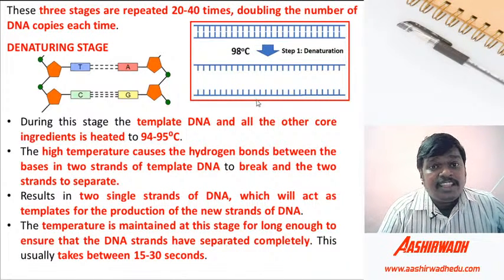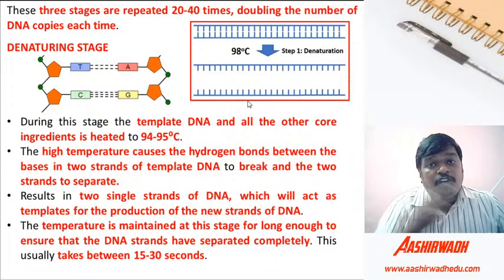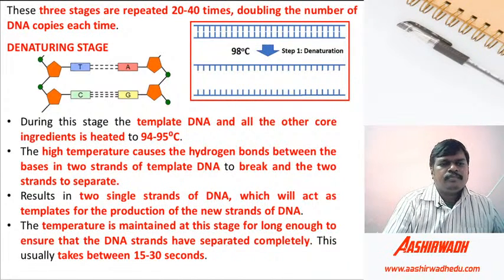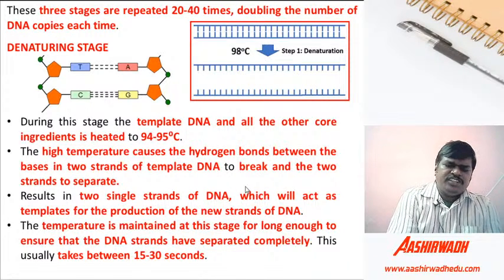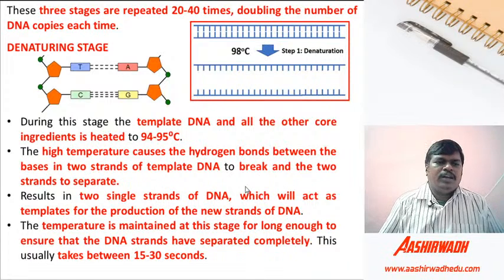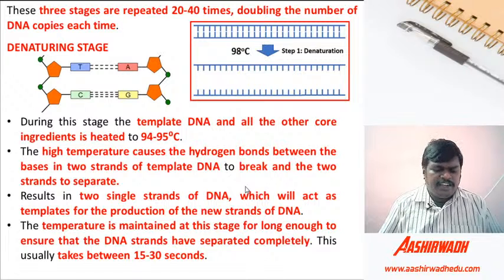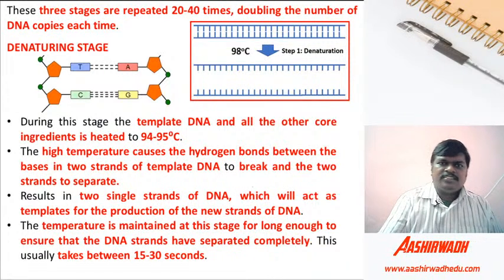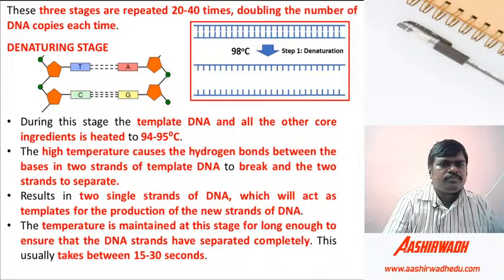Both strands act as a template for the formation of new strands. This temperature of 94 to 95 degrees Celsius is maintained for a while to ensure the DNA gets separated completely. This takes about 15 to 30 seconds. This is called the denaturation stage.